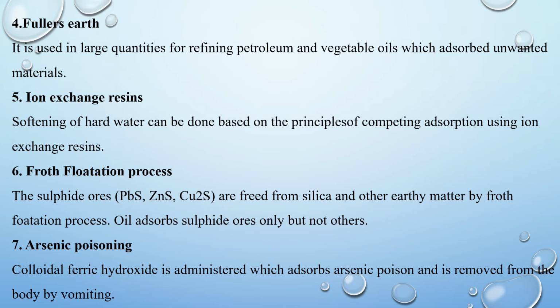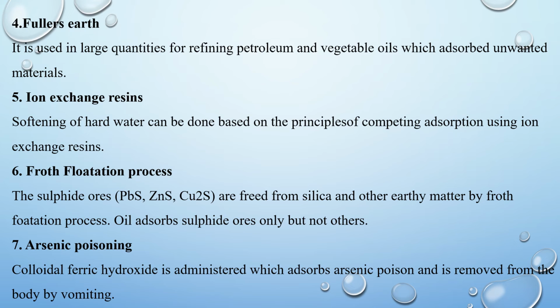The fourth one, Fuller's earth, is used in large quantities for refining petroleum and vegetable oils, adsorbing unwanted materials. Then ion exchange: softening of hard water can be done based on the principle of competing adsorption using ion exchange resins.